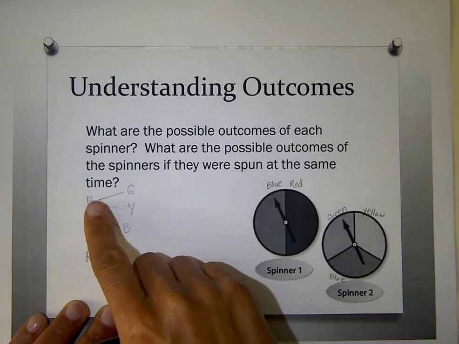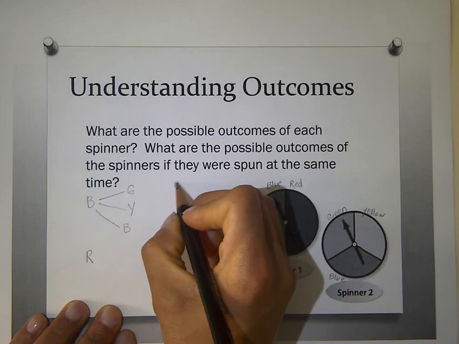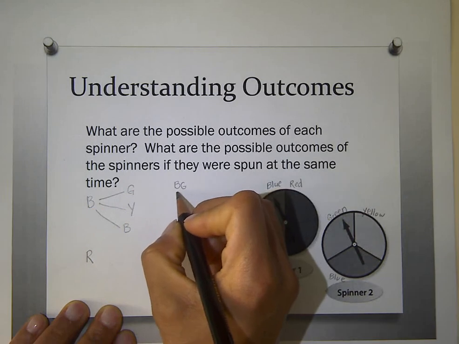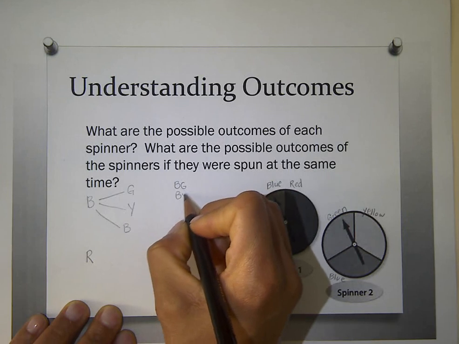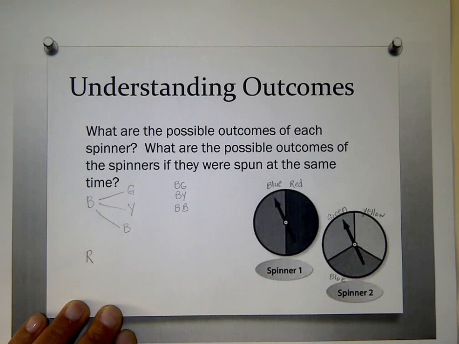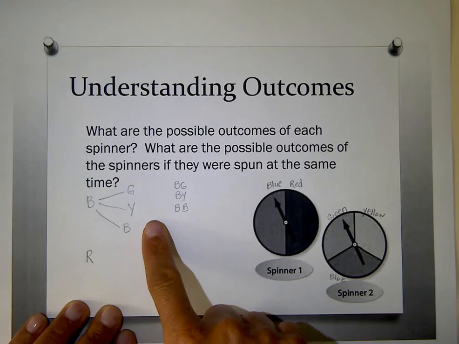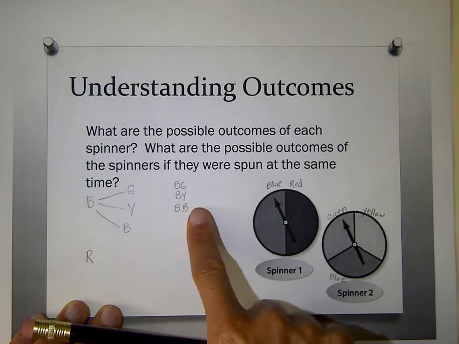So the possible outcomes could be blue-green, blue-yellow, or blue-blue if they were spun at the same time. This is a diagram tree. This is an organized list.